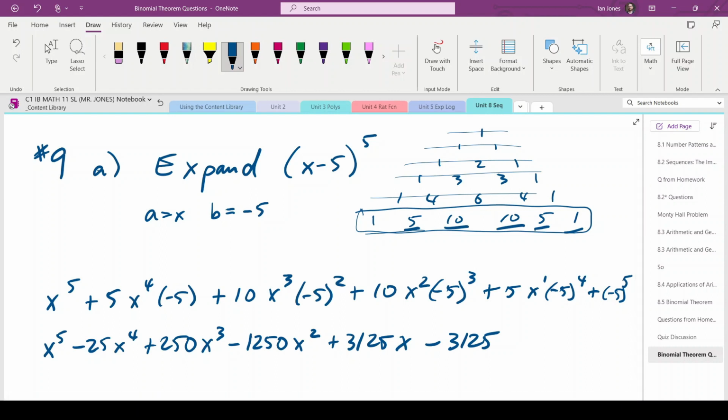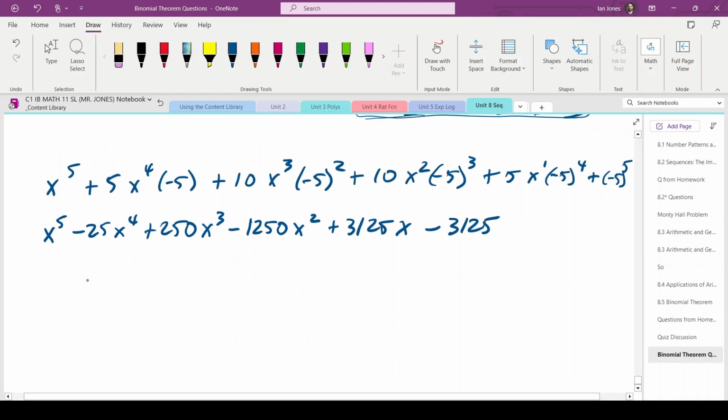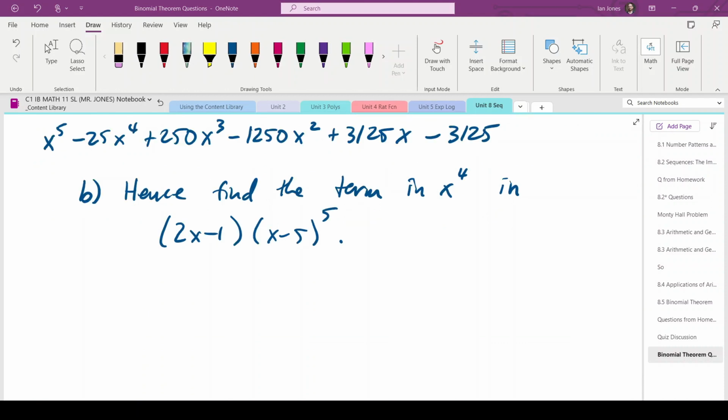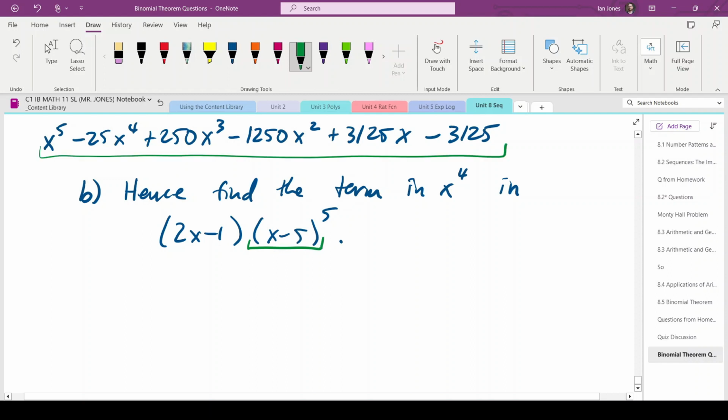Part B says, hence, find the term in x to the exponent of 4 in 2x minus 1 onto x minus 5 to the 5. So this, we just found the expansion for. It's right here. And now we're multiplying this polynomial with 6 terms by this binomial.